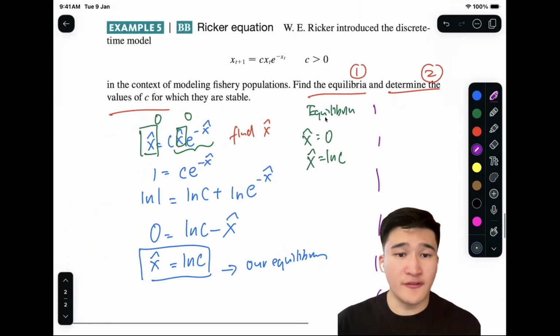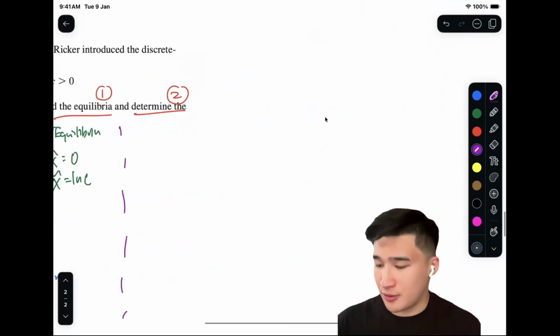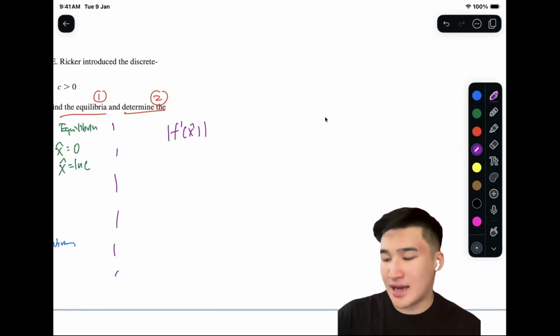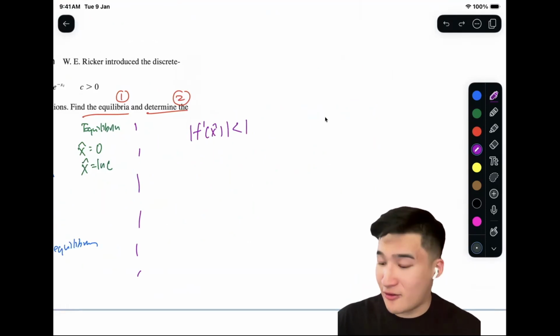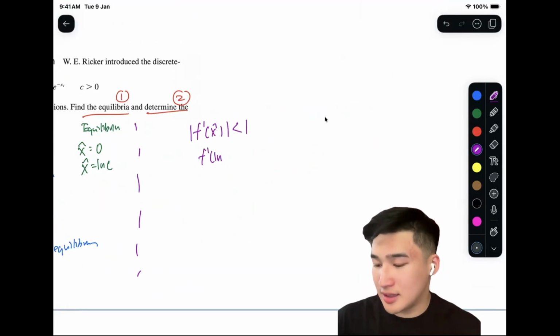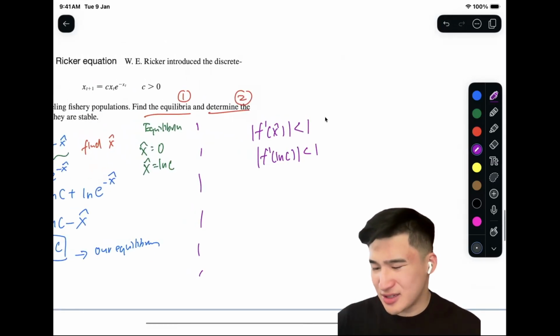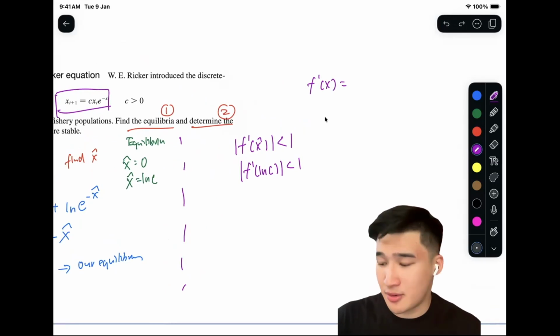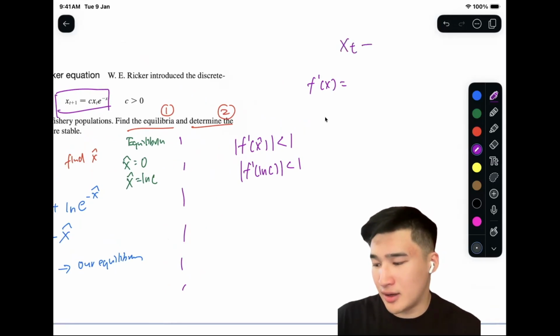Okay, so we found the two equilibria, and now we can go to step 2, where we want to determine the values for which they're stable. We know from our equation that the absolute value of f prime x hat has to be less than 1, which means the absolute value of f prime natural log C has to be less than 1. So we can quickly find f prime x. Just for simplicity, I'm not going to write x t, I'll write x.